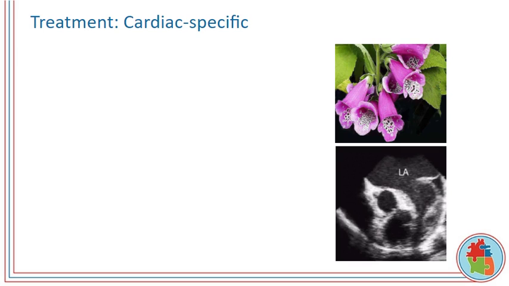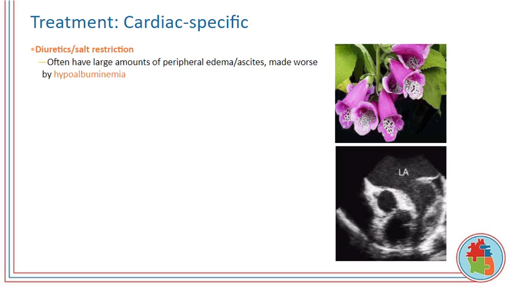Well, there are some very important principles in terms of managing specifically heart failure and rhythm disturbances in patients with cardiac amyloidosis. So first is diuretics are going to be your mainstay, and these patients frequently have large amounts of edema and ascites. And if they happen to have hypoalbuminemia, this would also be an important complicating factor.